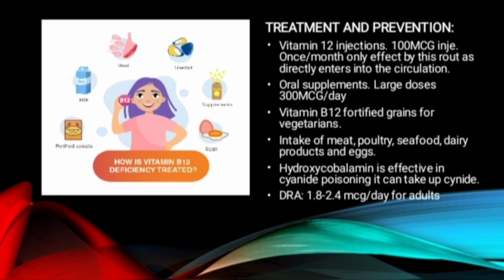The urinary excretion of methylmalonic acid and homocysteine is increased in case of B12 deficiency. As I said, methylmalonic acid is converted into succinyl CoA with the help of vitamin B12 in the form of 5-deoxyadenosylcobalamin, which is one of the coenzyme forms of vitamin B12.